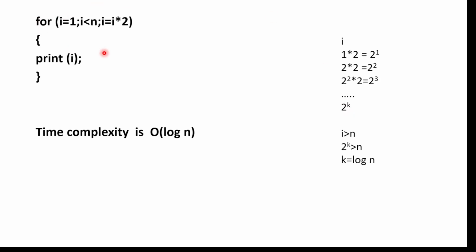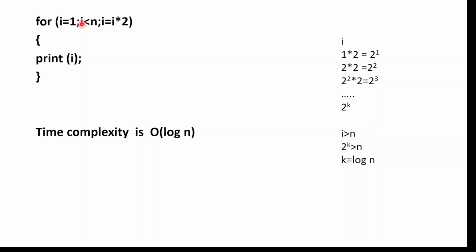And look into this for loop. The for loop will get executed from i equal to 1 till i is less than n. So it means that when i becomes greater than n, the loop comes out. Then no more the print i is getting executed. So here the value of i starts with 2 to the power 1 and it goes on till 2 to the power of k.